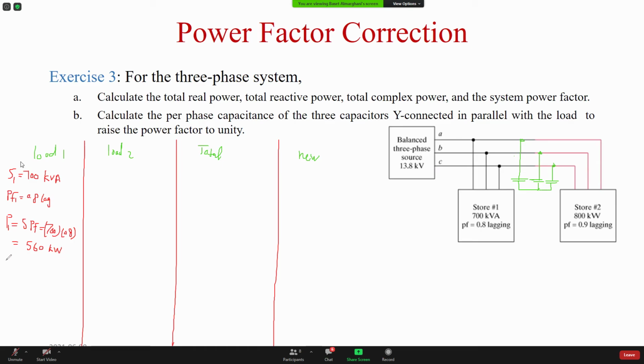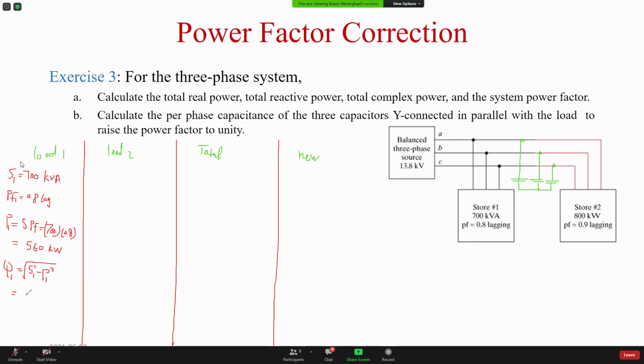Then I can find Q. I can use whatever technique. Now the easiest for me will be S1 squared minus P1 squared under square root.